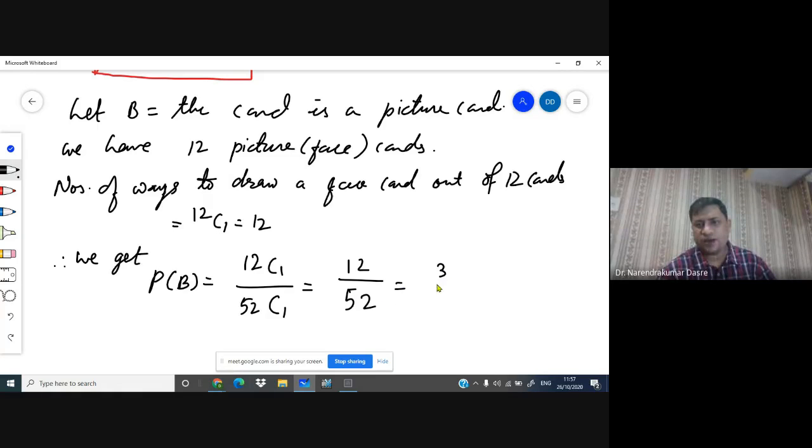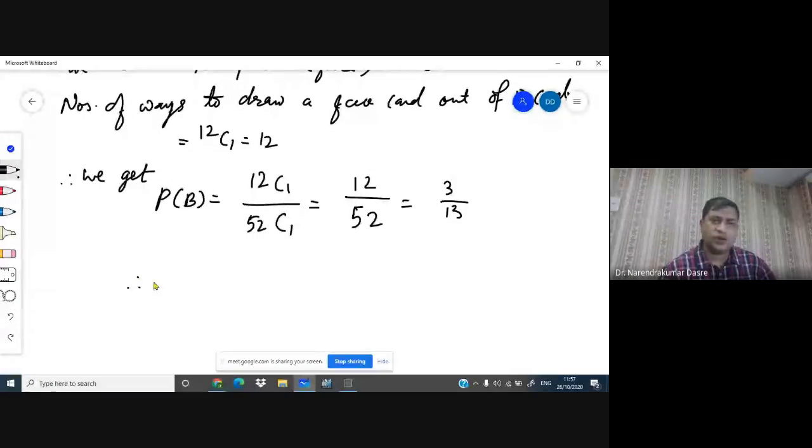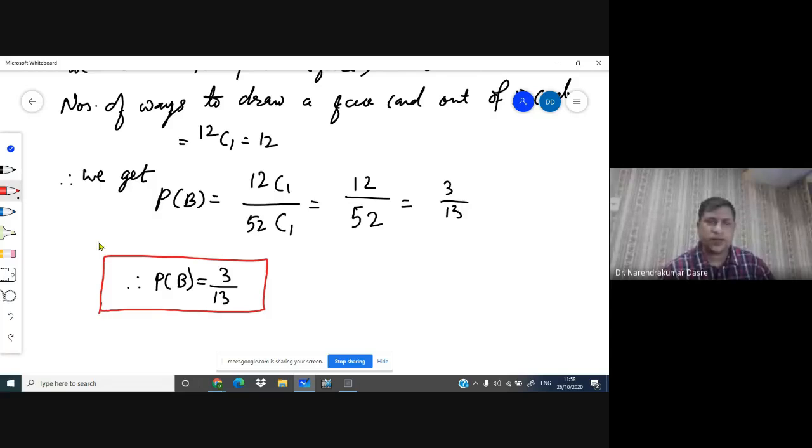So we can reduce this to 3 by 13. So the probability that the card drawn is a face card is 3 by 13.